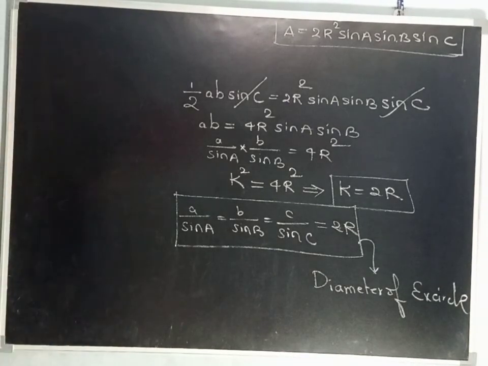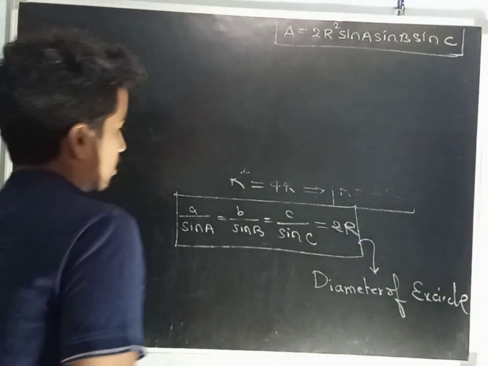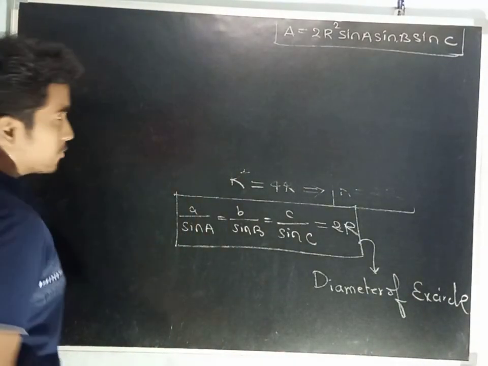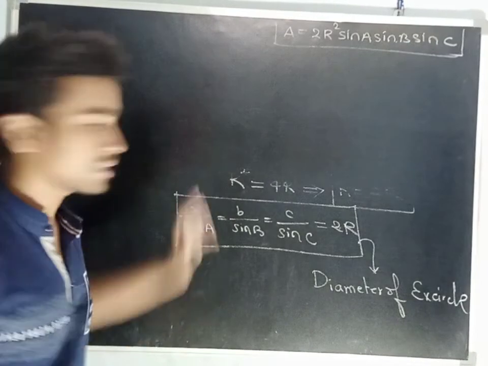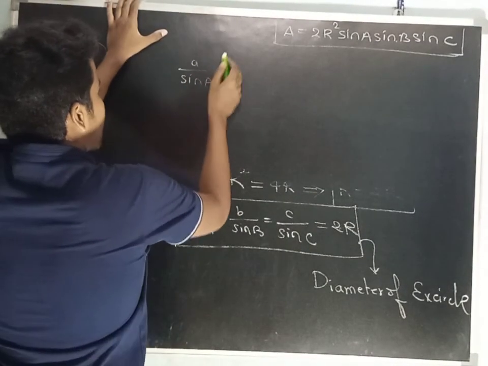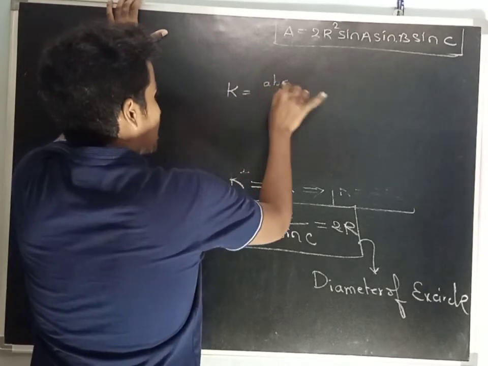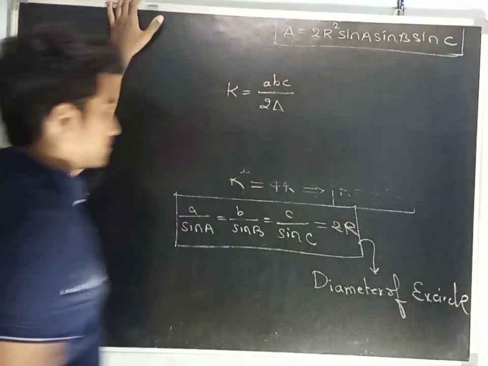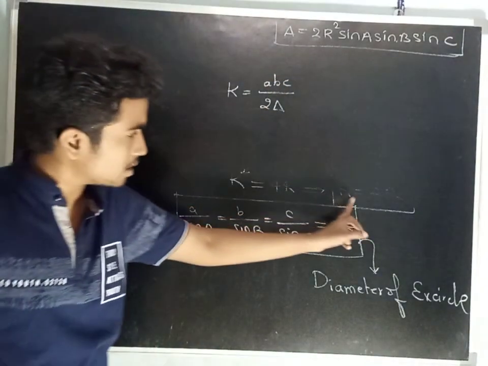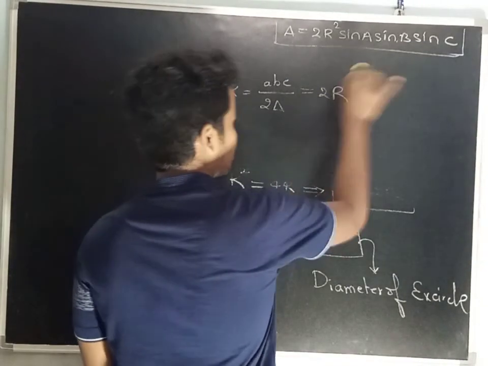Before the concept of circumcircle, we have discussed that K is equal to abc by 2 delta. Here we have got K as 2R.